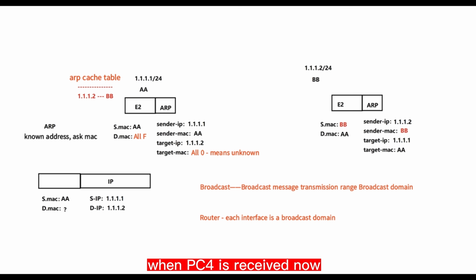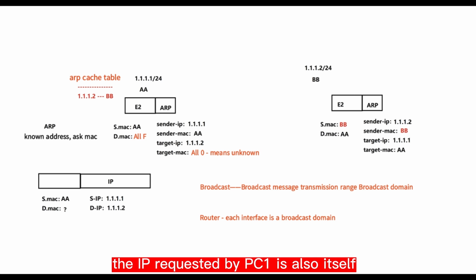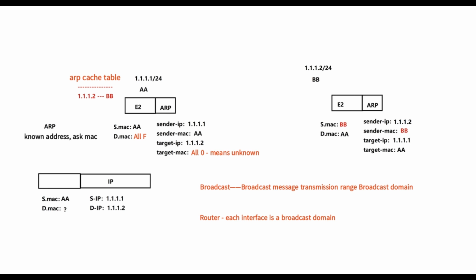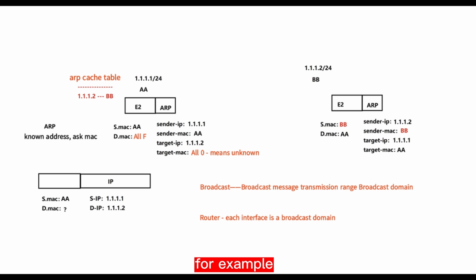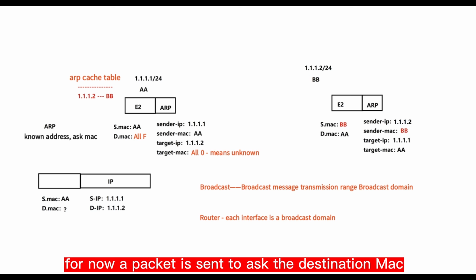When PC4 receives it, it sees that the IP requested by PC1 is its own. It will know that this packet is sent to itself, and it will respond with its own MAC. For example, PC4's MAC is DD. So a packet is sent to ask for the destination MAC.